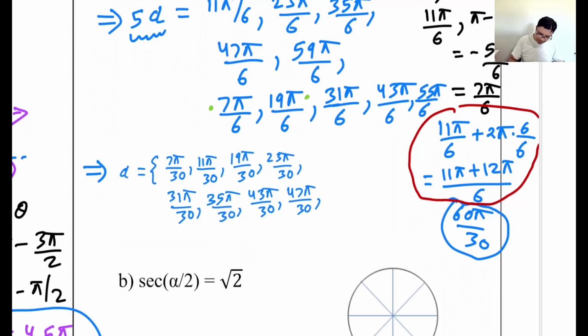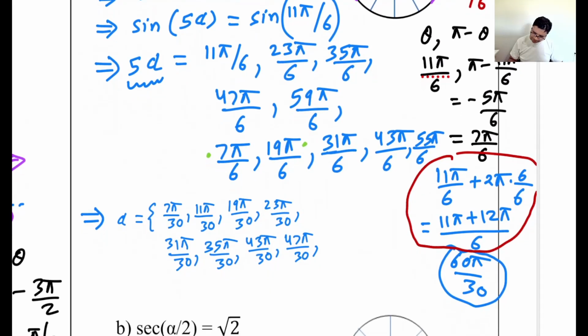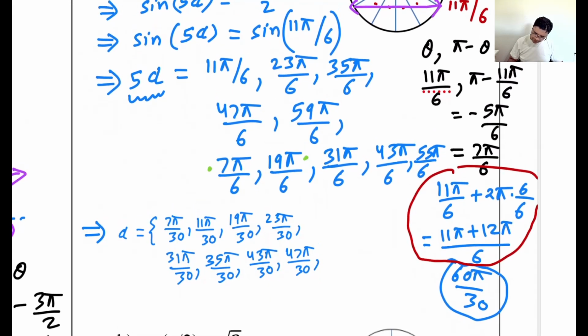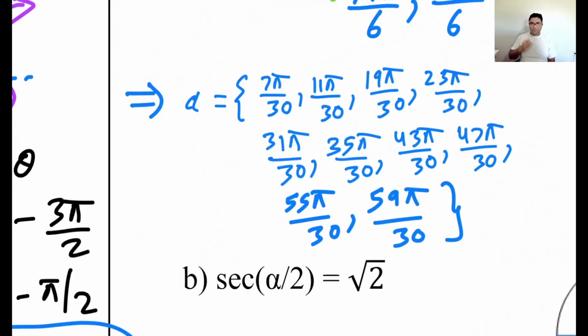Otherwise I won't be able to fit them in. 47 pi over 30. We are almost done. Then we have 55 and 59. Close the set. Okay, those will be your solutions.